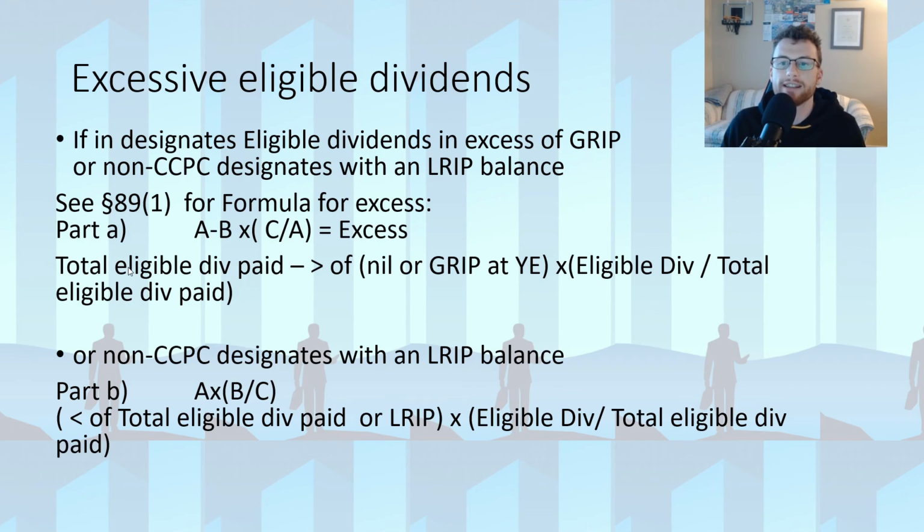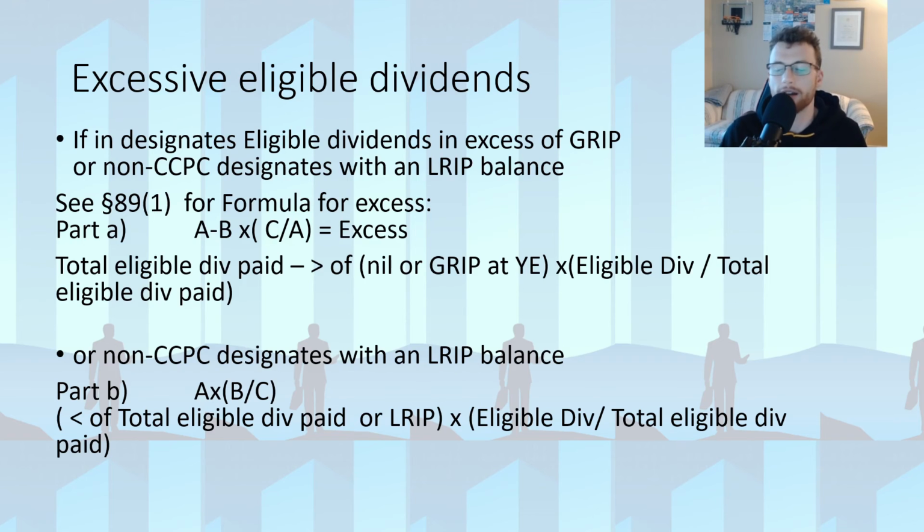This is the total eligible dividends that have been paid to the shareholder, not just declared, minus the greater of nil or the GRIP at the year end. You're going to times this by the eligible dividends declared divided by the total eligible dividends paid.